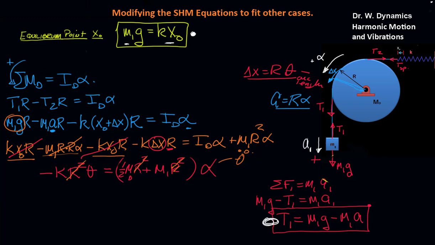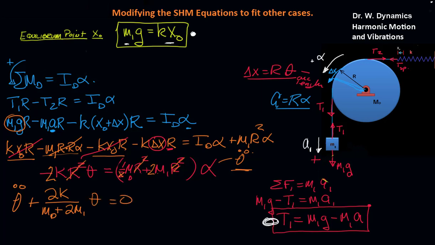If I multiply through by a 2, just to get rid of this fraction, and then rearrange for theta double dot, we'll get theta double dot plus 2k over (M_d plus 2 m1) times theta is equal to 0.